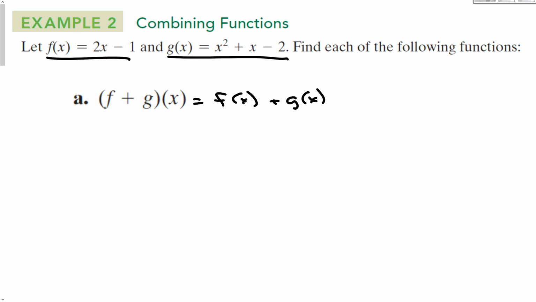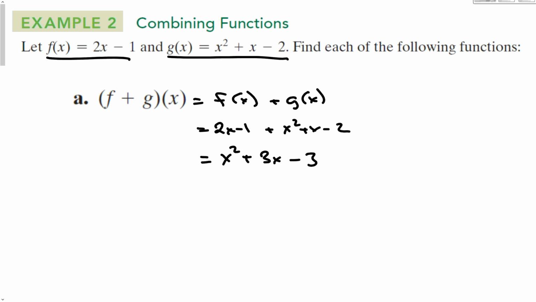Now to combine these, I just take f of x, which is 2x minus 1, plus g of x, x squared plus x minus 2. And then to combine them, I just add the like terms together. So we get x squared plus 3x minus 3.